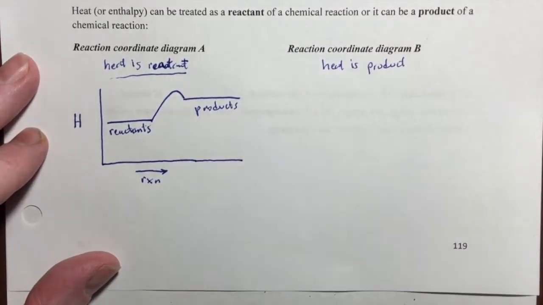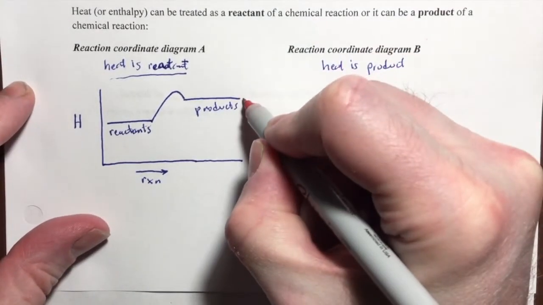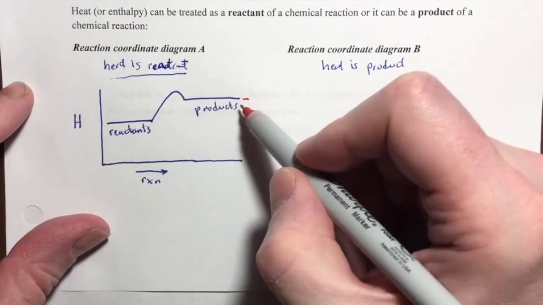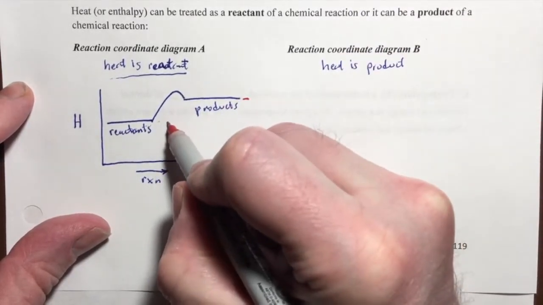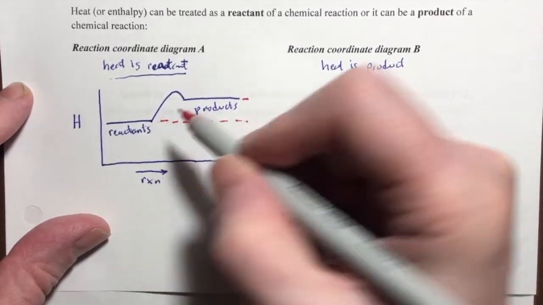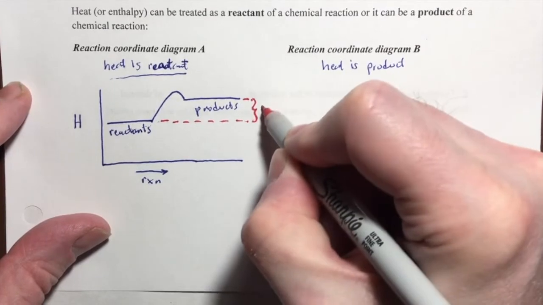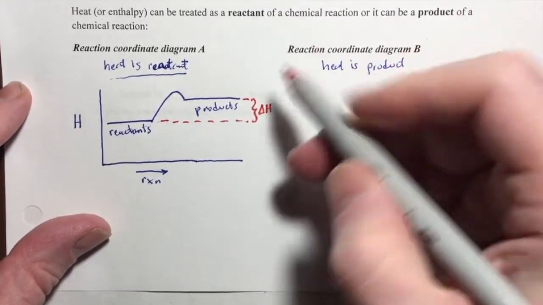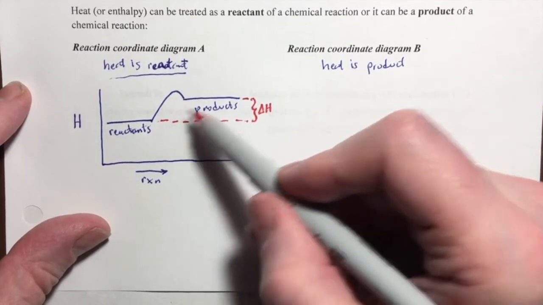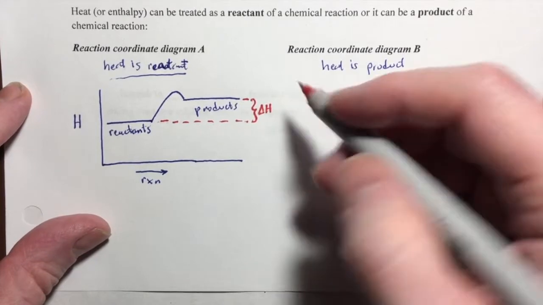Now, let's take a look at some consequences of this. If this is the final condition right here, the final enthalpy, and this level right here was the initial enthalpy, then the change in enthalpy is that gap right there. We started here with this much enthalpy, we ended here with this much enthalpy. The delta H is here.